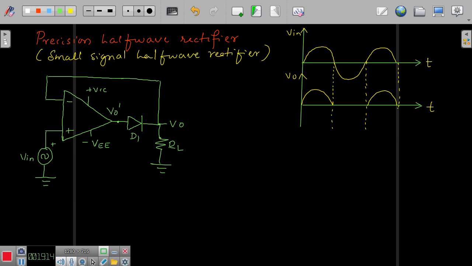No resistances here in this circuit except the load resistance. Whenever you want to have an amplifier, the gain should come into picture, no? Whether it is inverting or non-inverting. So for an inverting amplifier, minus RF by R1. For non-inverting, 1 plus RF by R1 represents the gain. But where are RF and R1 here in this circuit? So what is this circuit in the absence of the diode?